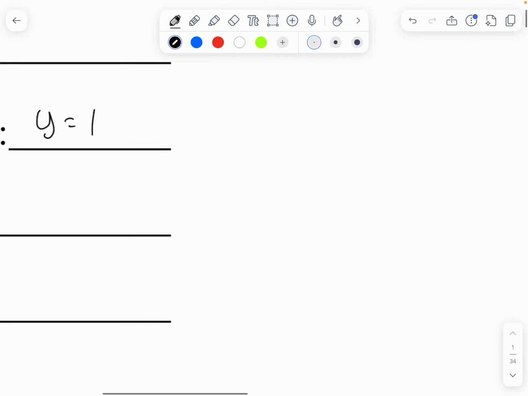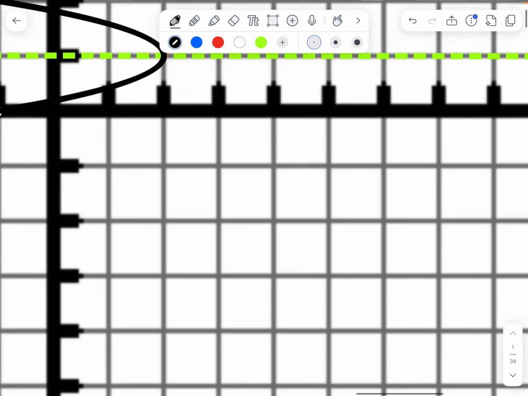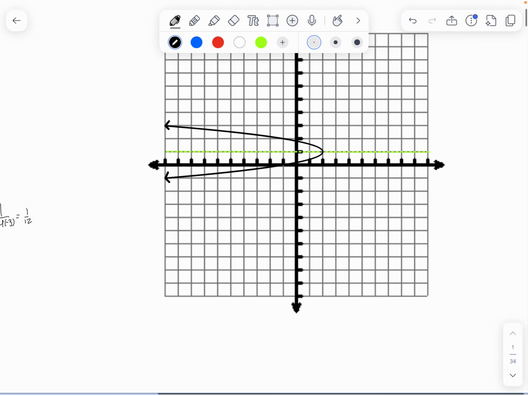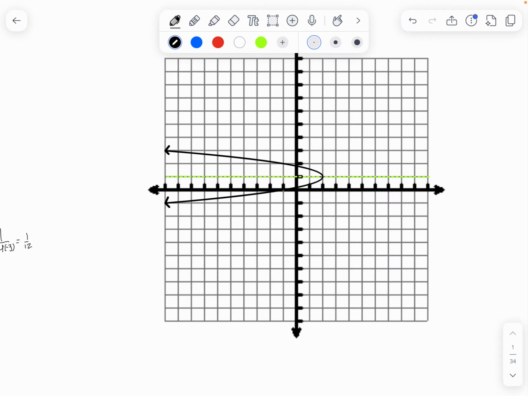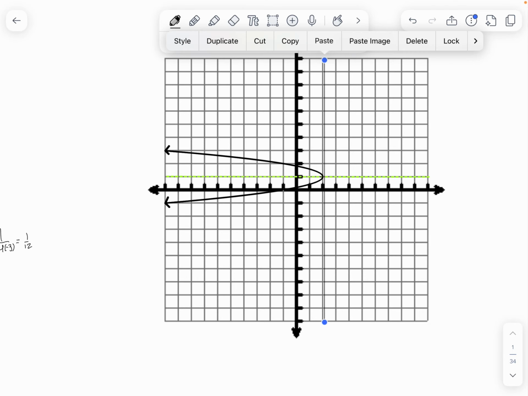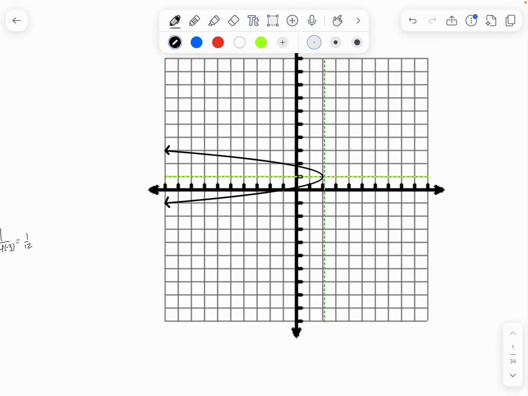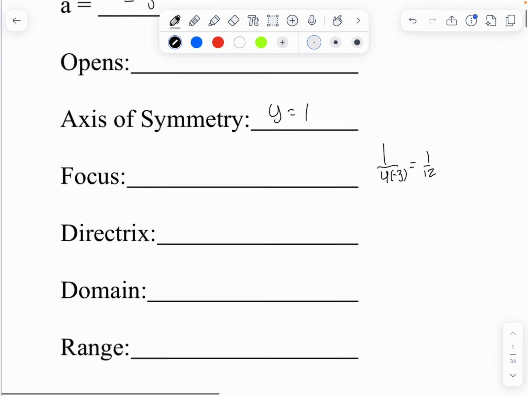Now for the focus, so 1 over 4 times negative 3, that's 1 over 12. This is obviously going to be very, very close to the vertex, so I'm not even going to bother trying to actually measure it out. And that's the vertex.